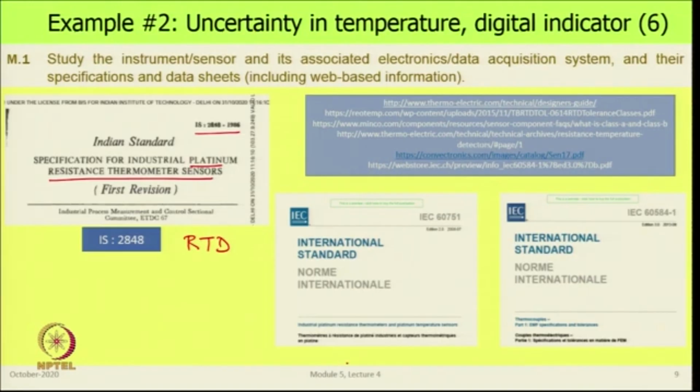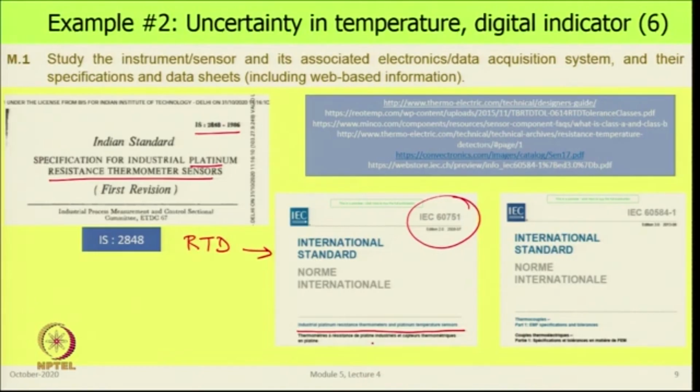But as far as RTDs go, there is an international standard, you can see here, IEC 60751. IEC, as we have seen in ISO GUM also, is the International Electrotechnical Commission, and this is a standard on industrial platinum resistance thermometers and platinum temperature sensors.